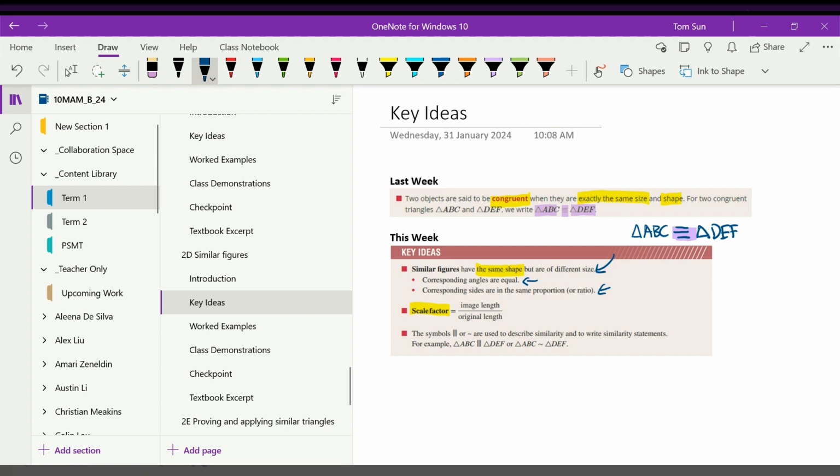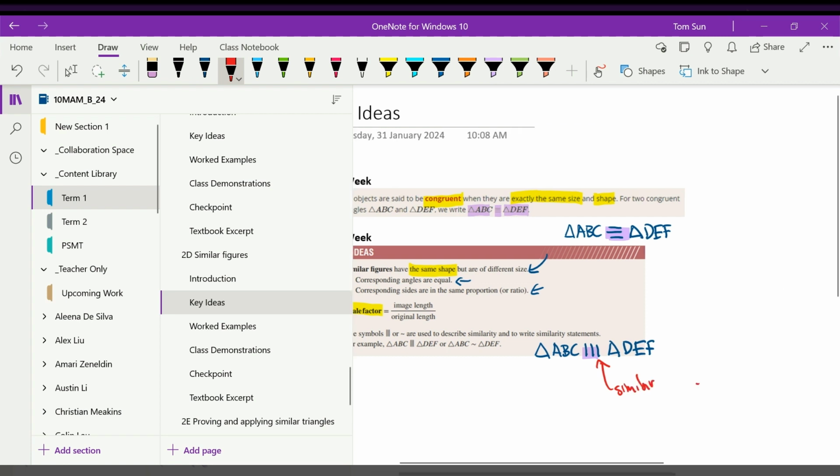Whereas if a triangle or any other shape is similar, not congruent, we use a different symbol. Here we can use the vertical three lines and go like this. So just to make sure we're clear, this symbol is for similar, and this symbol is for congruent.